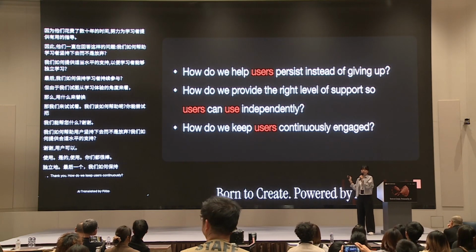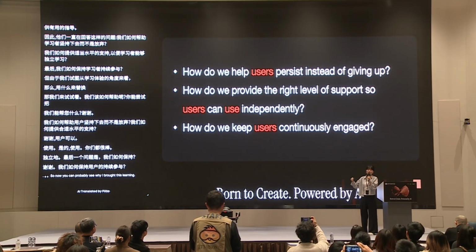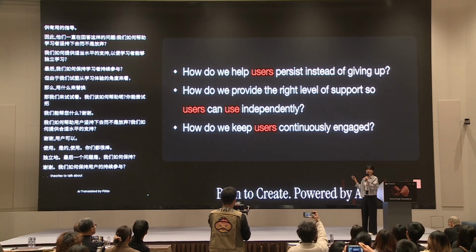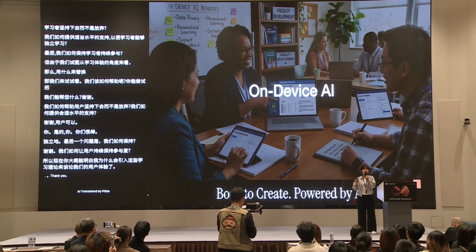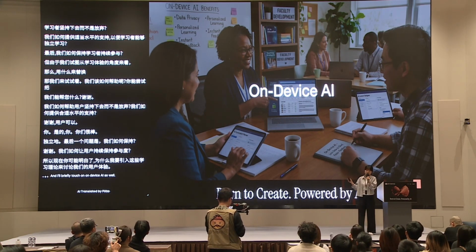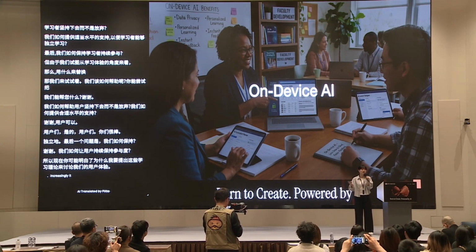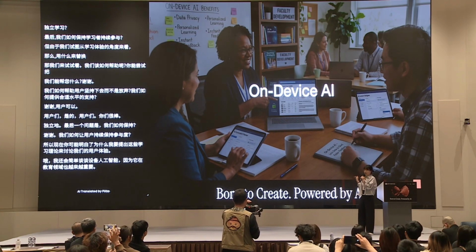So now you can probably see why I brought these learning theories to talk about our user experience. Oh, and I'll briefly touch on on-device AI as well, because it's increasingly important in the education field as well. And I'll just take a brief look at it.